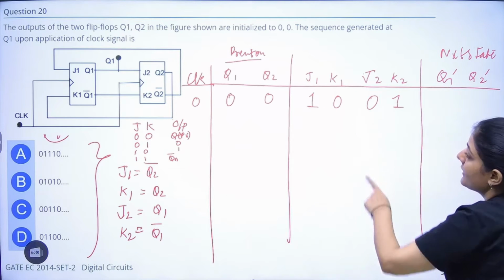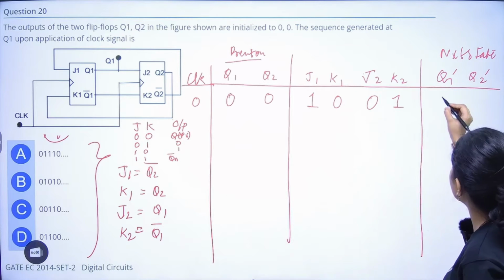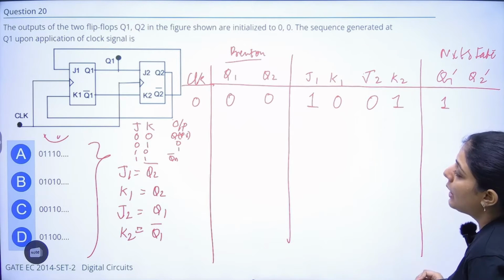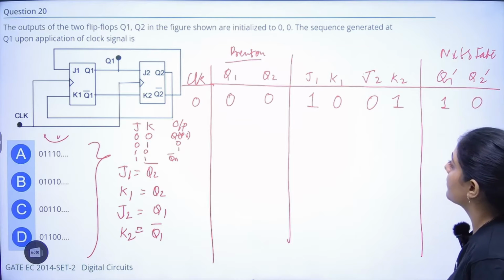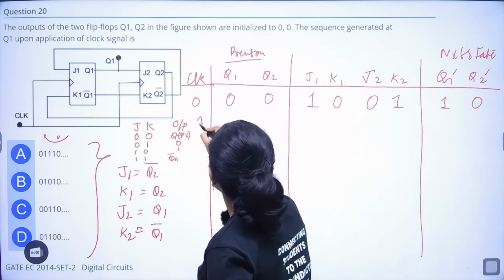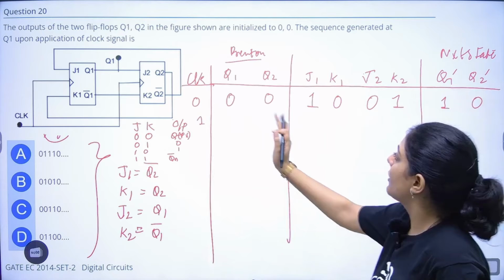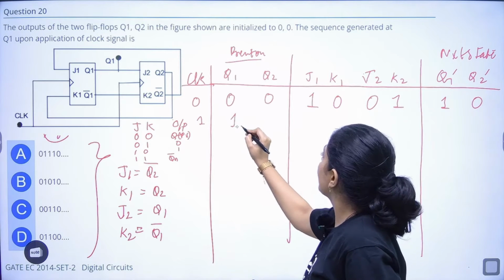So this is what is happening. J and K are 1 and 0. So 1 and 0 means Q1 value will be equal to 1. And if it is 0 and 1, its value will be equal to 0. So after the first clock, this next state will become your previous state, 1 and 0.